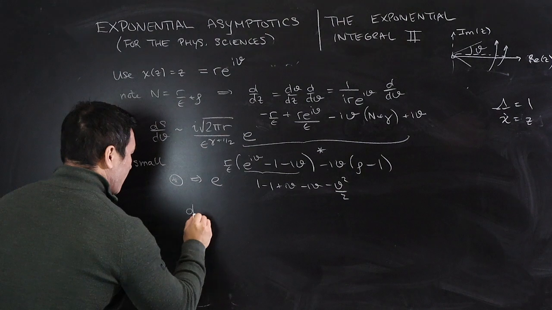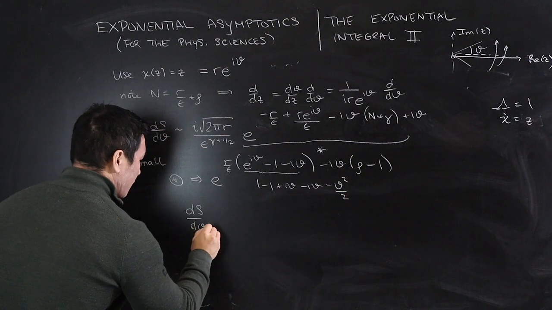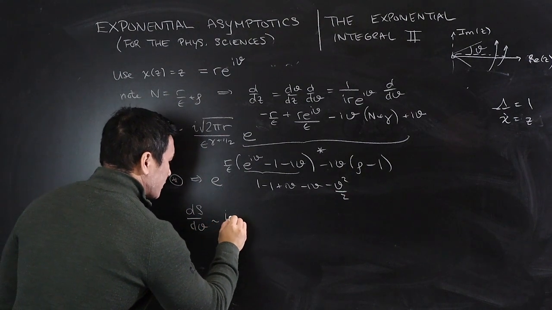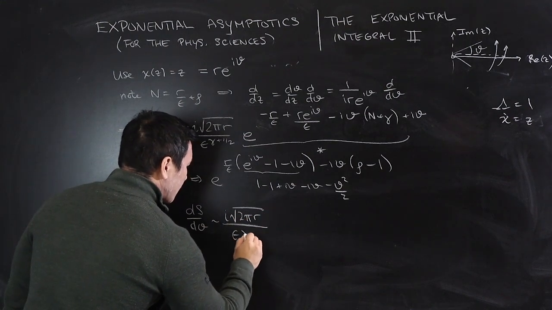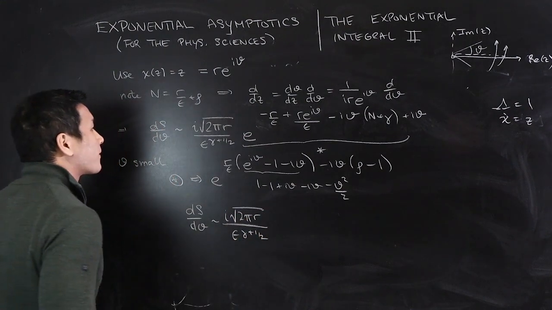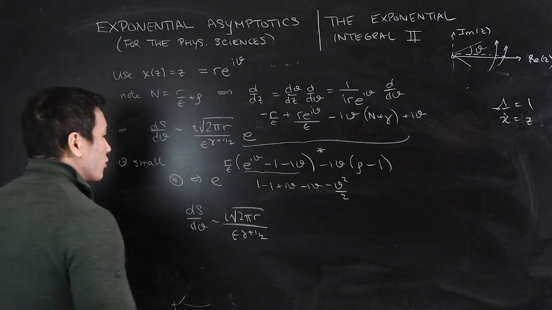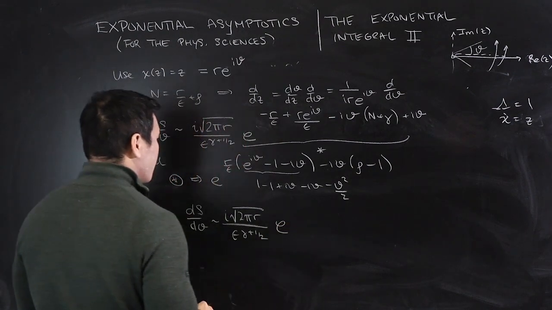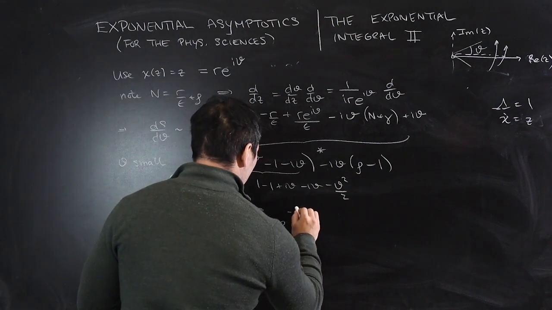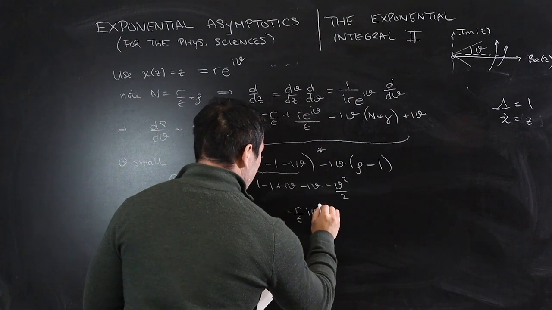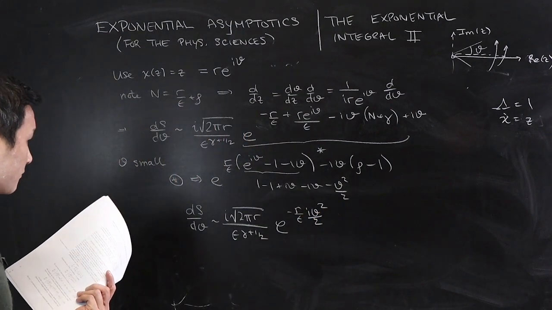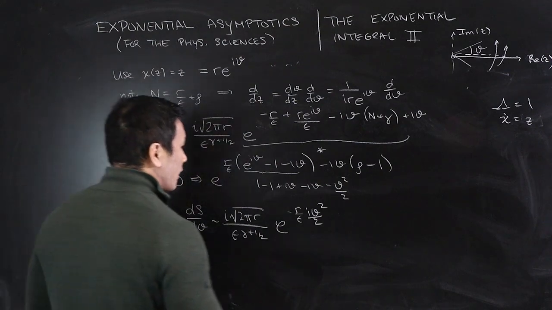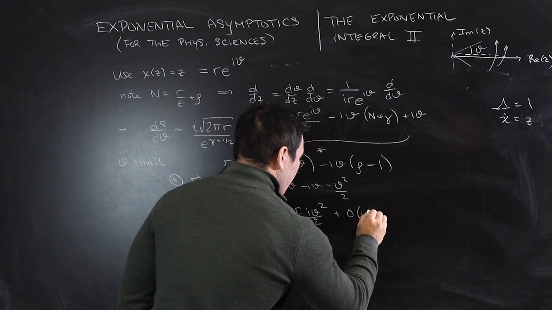So at the end of the day, you get ds d theta is going to be i times root 2 pi r over epsilon to the gamma plus 1/2. Boy, oh boy, and then you have an e to the minus r over epsilon times i theta squared over 2, and then plus order theta.